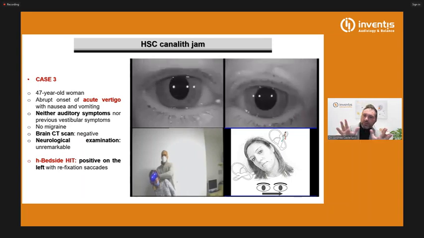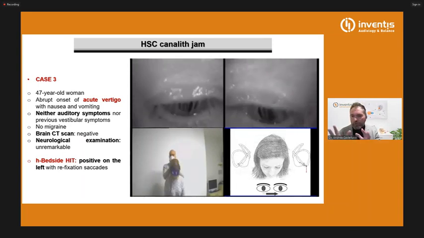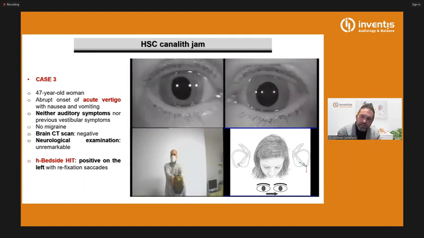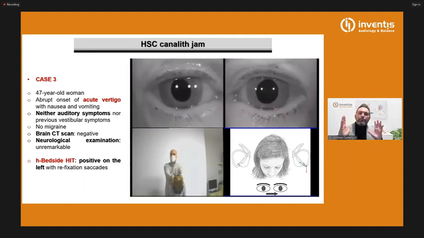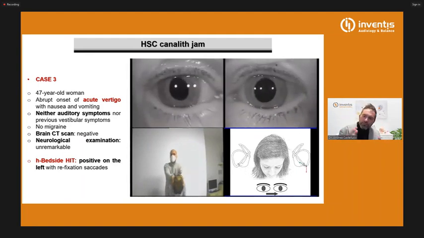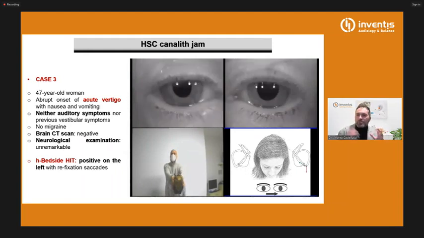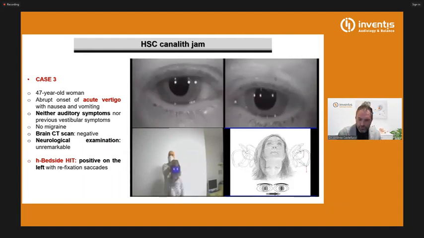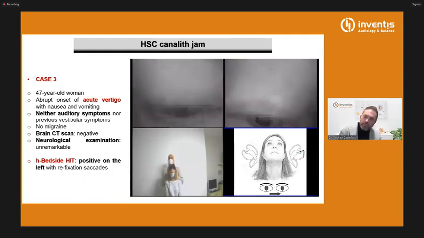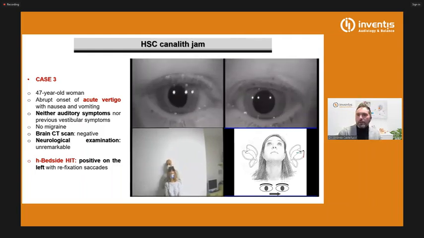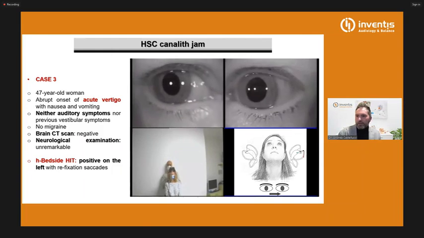So you can see here how we can understand what's going on and the precise position of the canal gem by performing tiny movements of the head according to the minimum stimulus strategy. So according to the pitch plane and to the roll plane, even in the upright position.